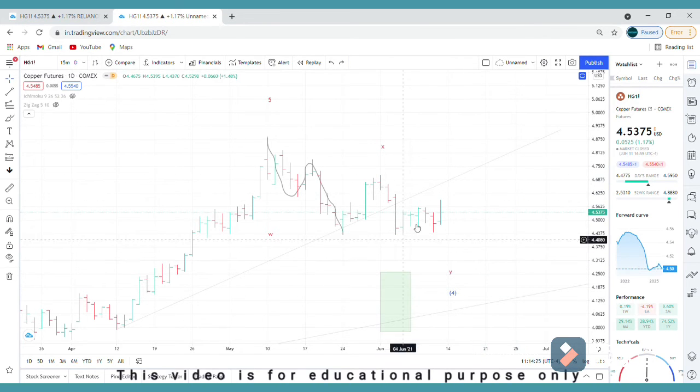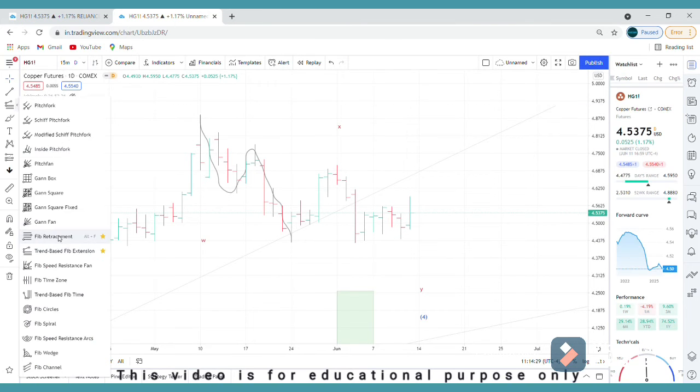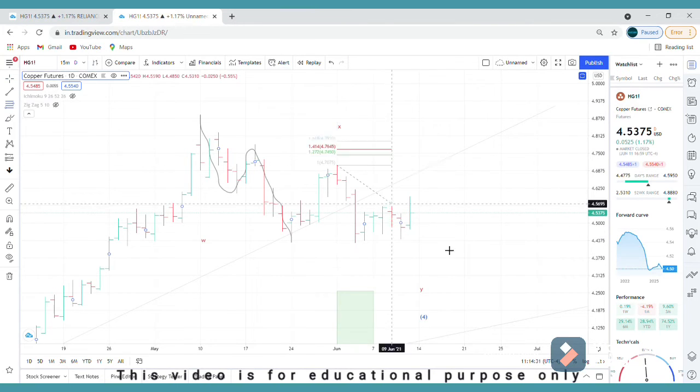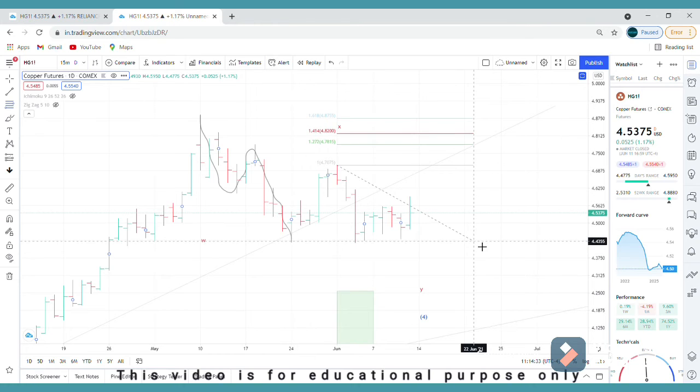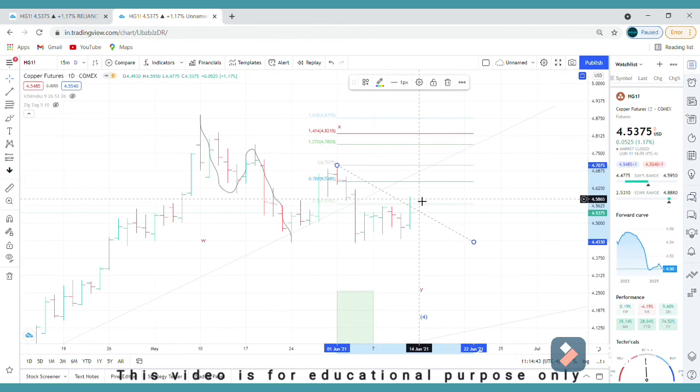Now, how much up can it go from here? Again, if you take the Fibonacci retracement level from here to here, typically if it ends at 78.6, then that should be a good indication that yes, there we can expect a downfall.